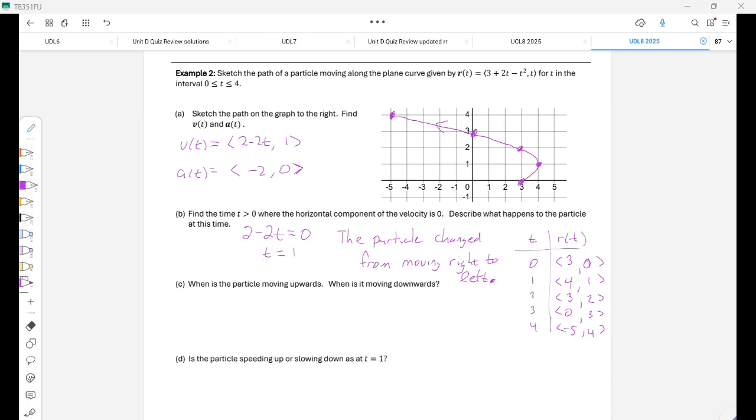And then I think that's what my next question asks. When is the particle moving upward? The whole interval. Up: 0 less than or equal to t less than or equal to 4, because v prime of t equals 0 or greater than 0.